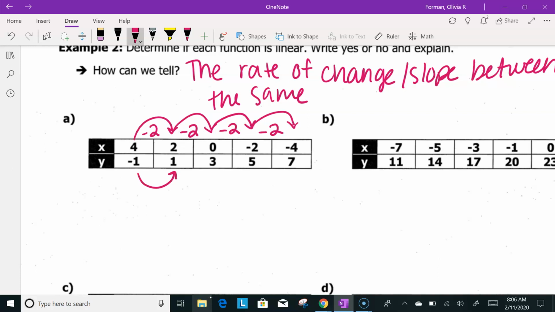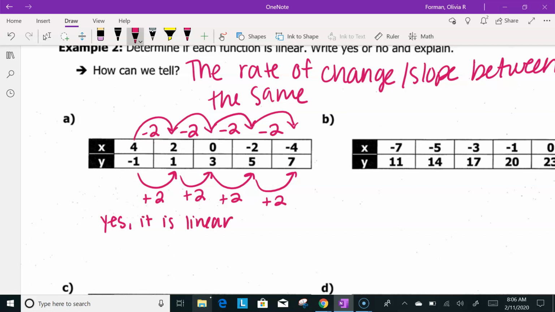Go to your y's. Negative 1 to 1, we're adding 2. 1 to 3, we're adding 2. 3 to 5, we're adding 2. 5 to 7, we're adding 2. So this one we're going to say, yes, it is linear.